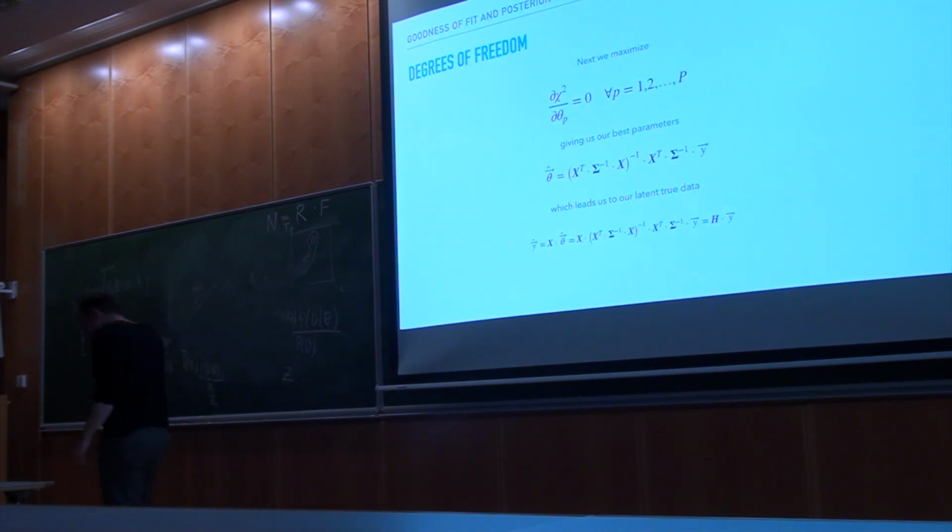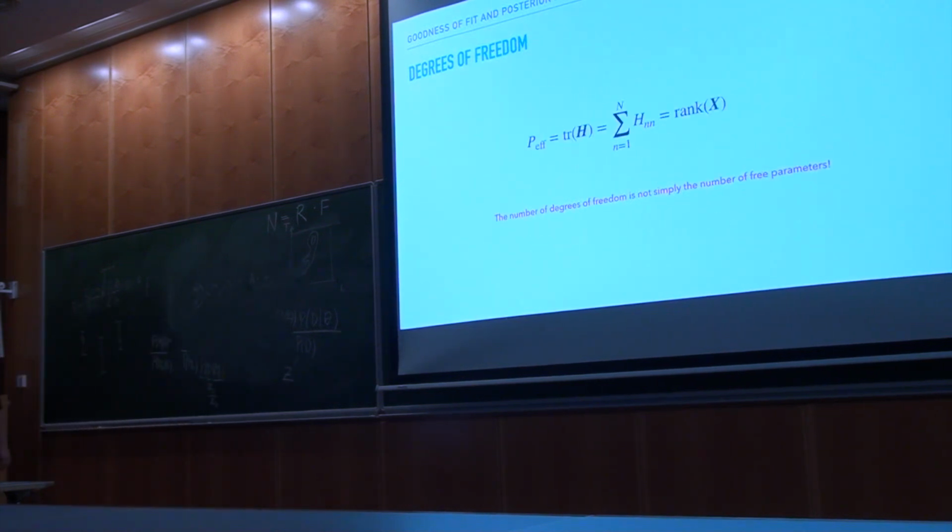The formal definition of degrees of freedom is the rank of that design matrix. So at best, if the design matrix is full rank, in other words, it's a linear model, then the number of degrees of freedom is equal to the number of data points minus the number of parameters. Any other time, it's not.